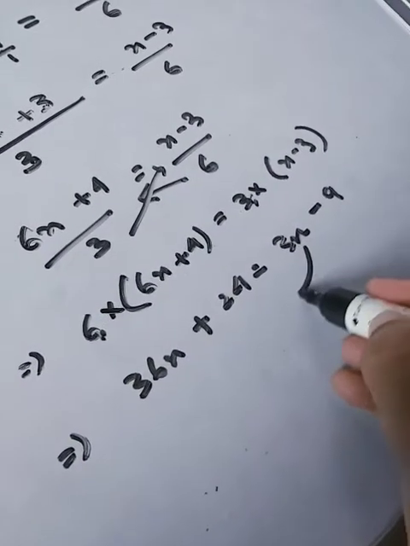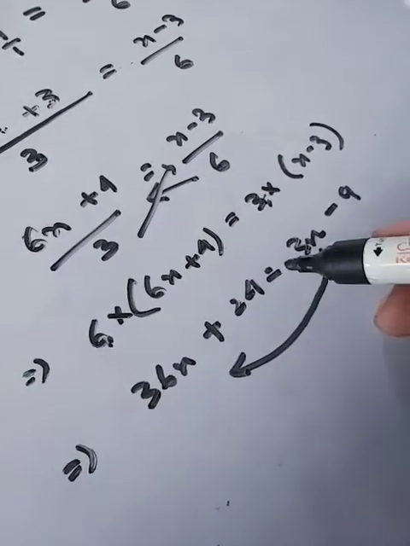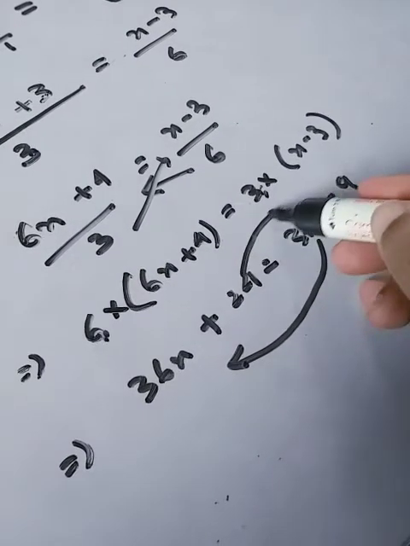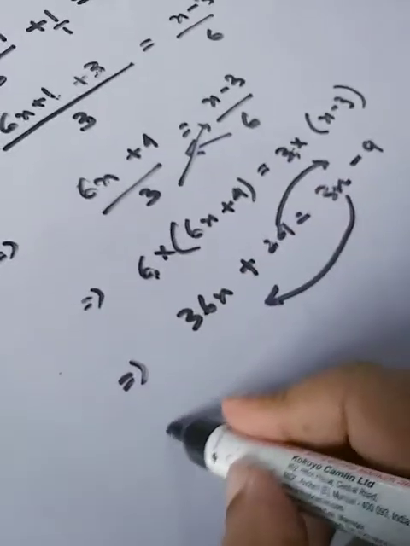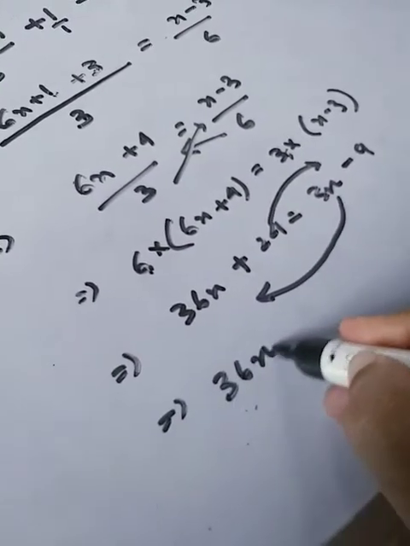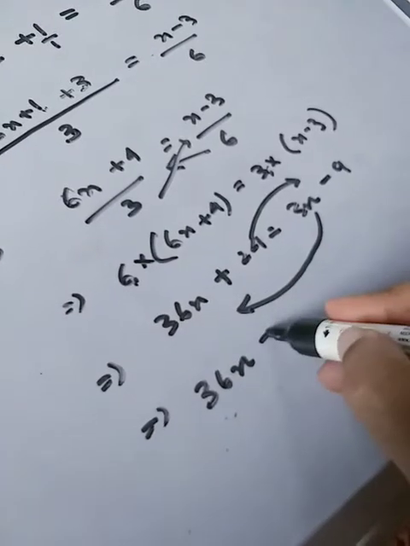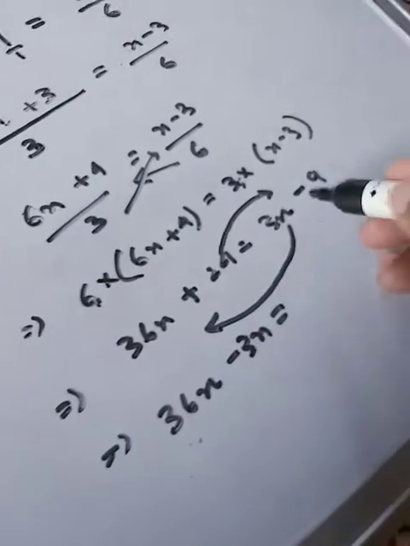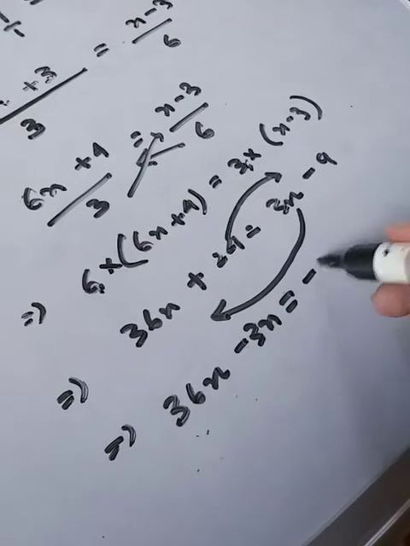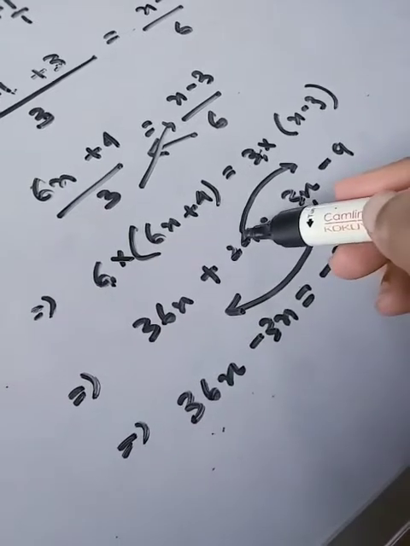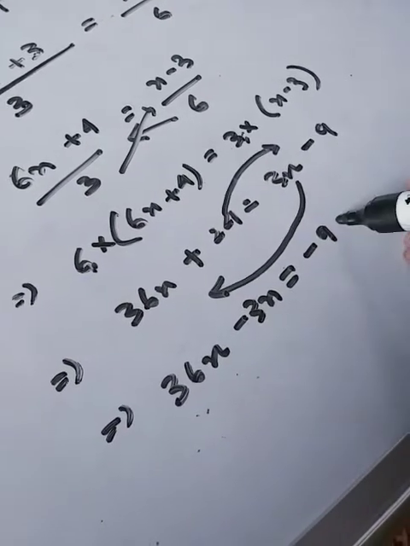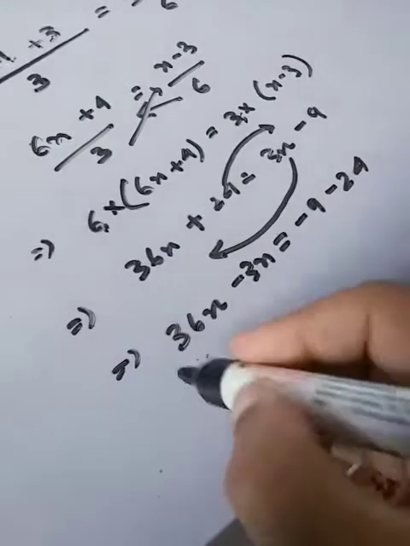Now we have to bring all the variable terms to the left hand side and the constant term to the right hand side. So 36x, and 3x will come to this side, it will become minus 3x. Already on the right hand side there is minus 9, so we have to take plus 24 towards that side, and it will become minus 24.